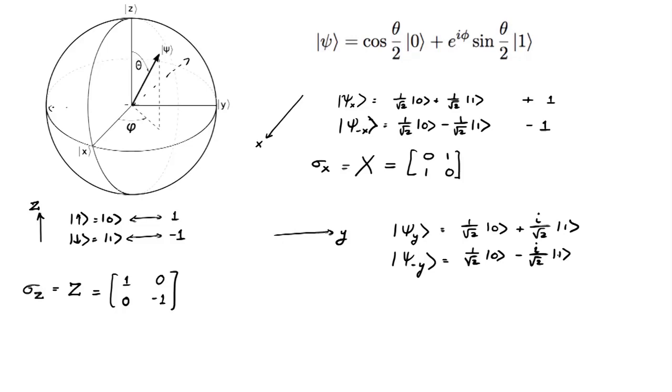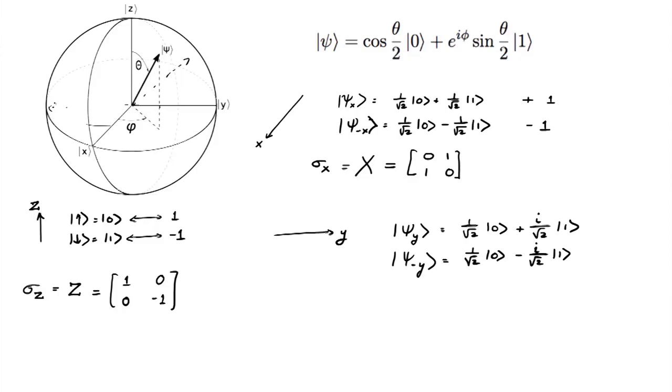I hope you understand what I'm doing. All I'm doing is reading off the angles theta and phi here. If I'm pointing in the y direction, theta is pi over 2 and phi is also pi over 2. And I'm just substituting in here. Then if you have minus y, theta is still pi over 2 and phi is 3 pi by 2, or minus pi by 2. And that's how we're figuring this out.